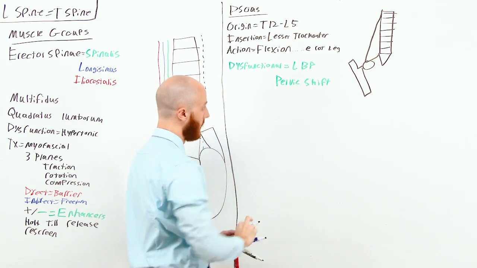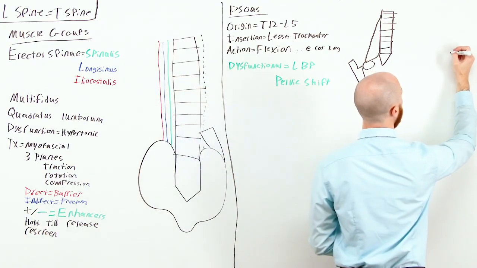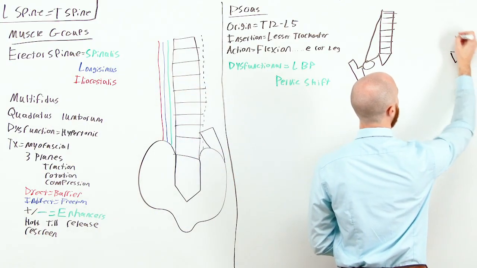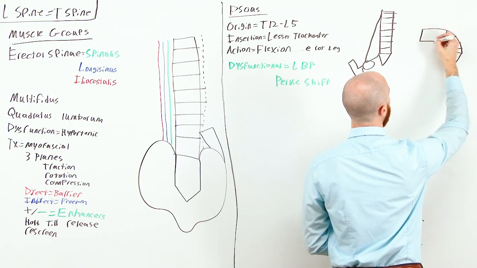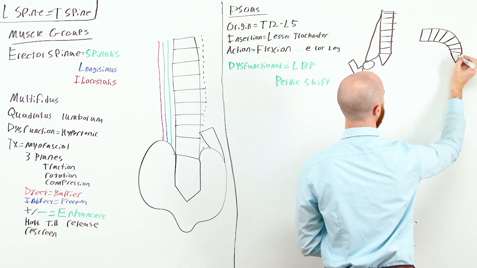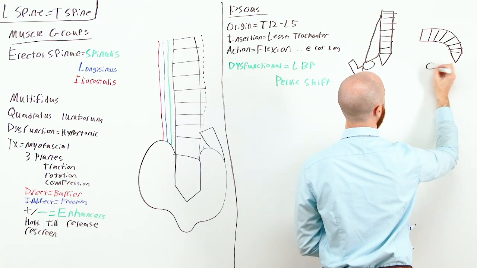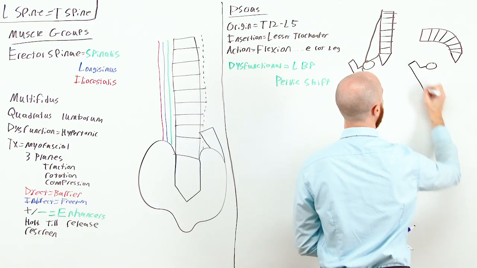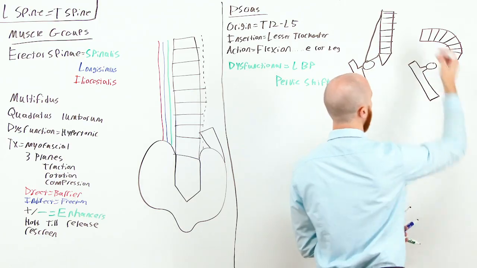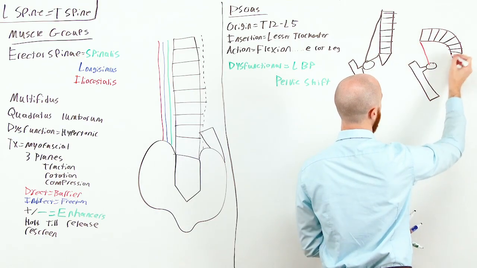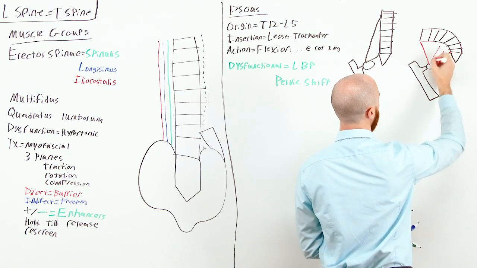So to demonstrate this, I'll do another picture. So here's your sacrum, here's your spine, here's your femur, and the psoas muscle is now hypercontracted.